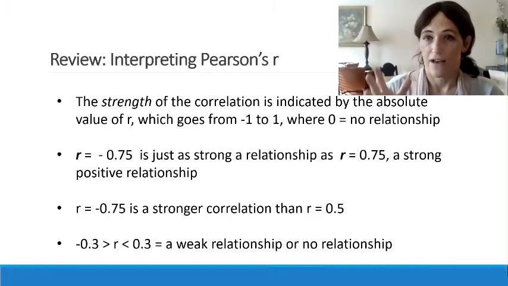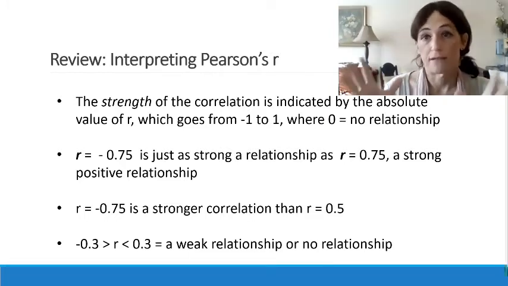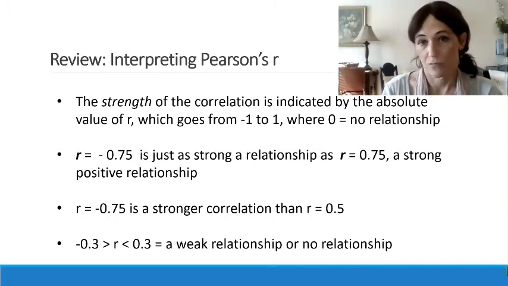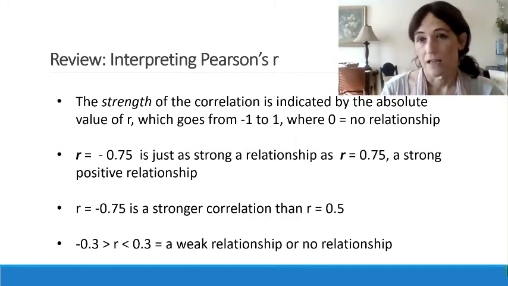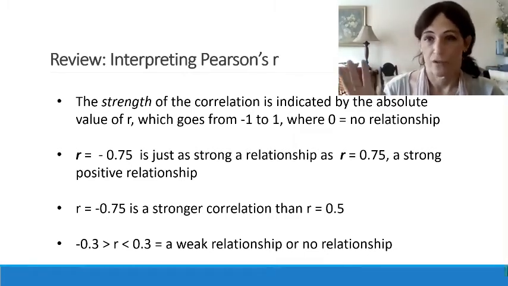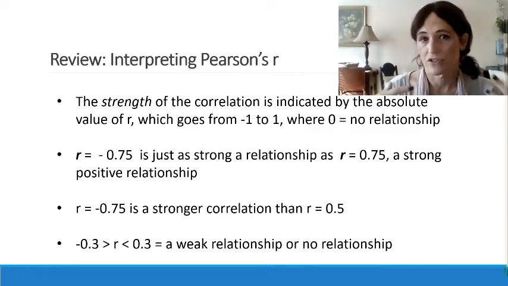And a value of -0.75 for R would be just as strong in magnitude as a positive 0.75. And we would say something that falls between -0.3 and 0.3 is either no relationship or a very weak relationship. Okay, so that's just review.